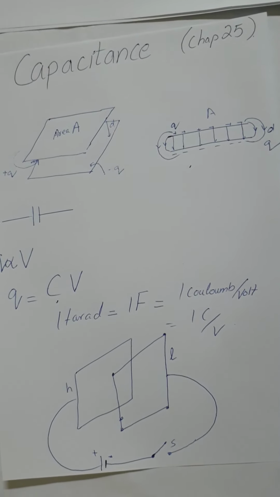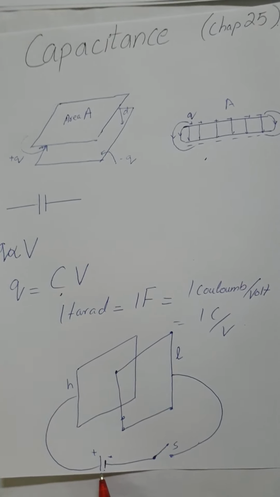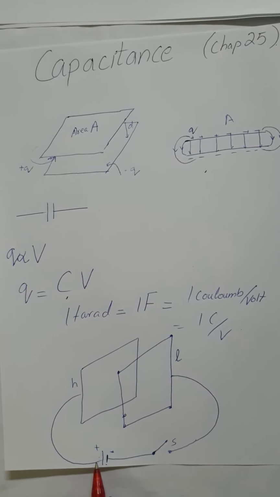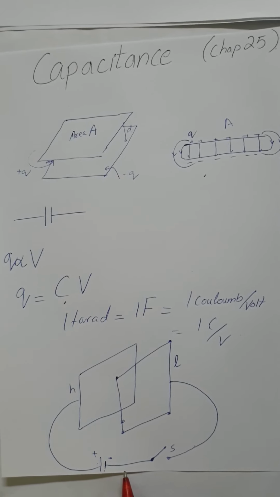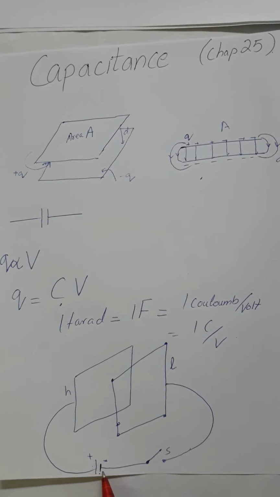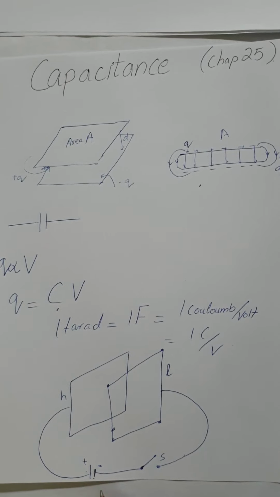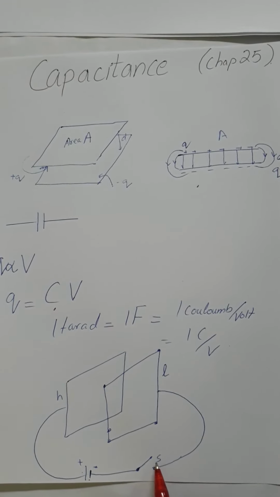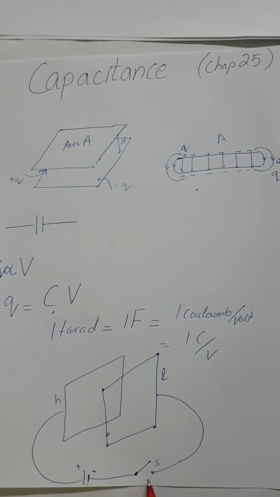Here a battery is represented by this symbol. The terminal of higher potential is labeled positive and called the positive terminal of the battery. The terminal of lower potential is labeled the negative terminal. A switch S is used to open and close the circuit.